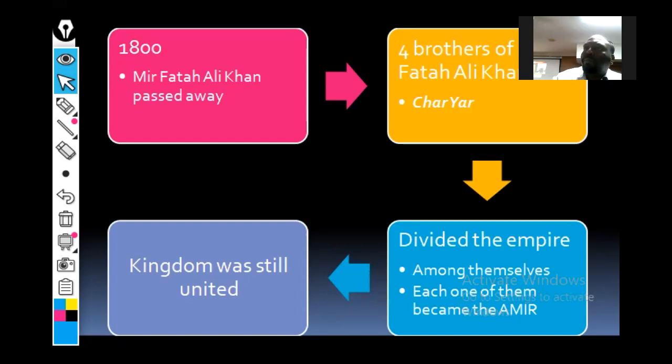So he wants to put a buffer state, which will become the second line of defense. He will put all his armies in the first line of defense, which borders Sindh and the Bombay Presidency, and he will put the second line of defense in Sindh, and Persia or Afghanistan will become the second border. So he wanted to have a relationship.